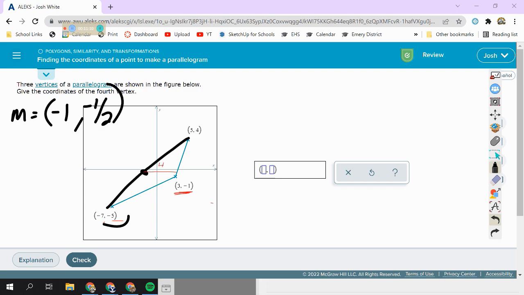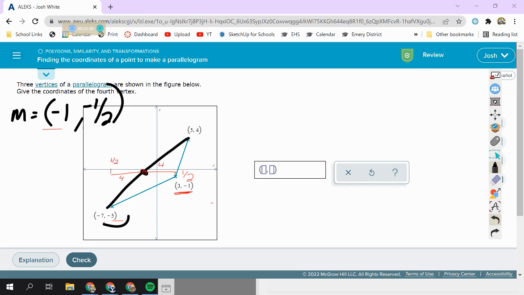Okay. And then how far down do I have to go? 1/2. So how would I find the other point? Not up 4. So we do the exact opposite. So I'm going to go left 4 and up 1/2.